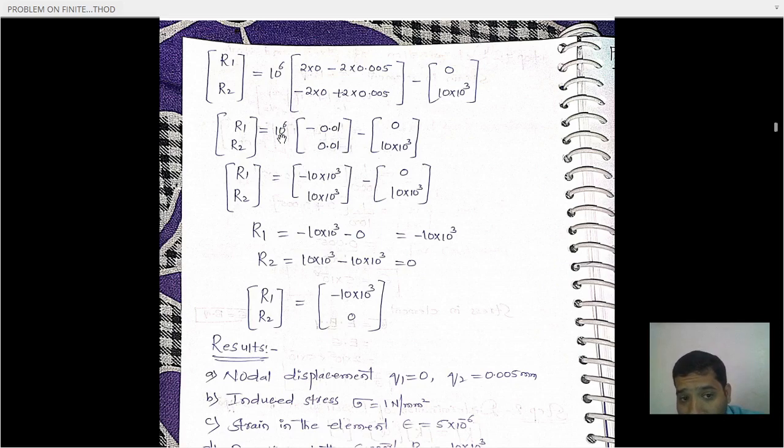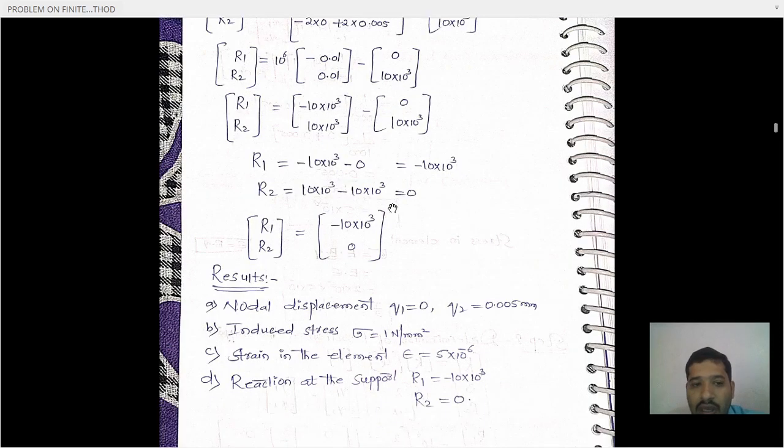If you multiply 10 power of 6 into 0.1, you get 10 into 10 power of 3. So always remember how to take the normal reaction value; the same concept needs to be followed in other problems also.